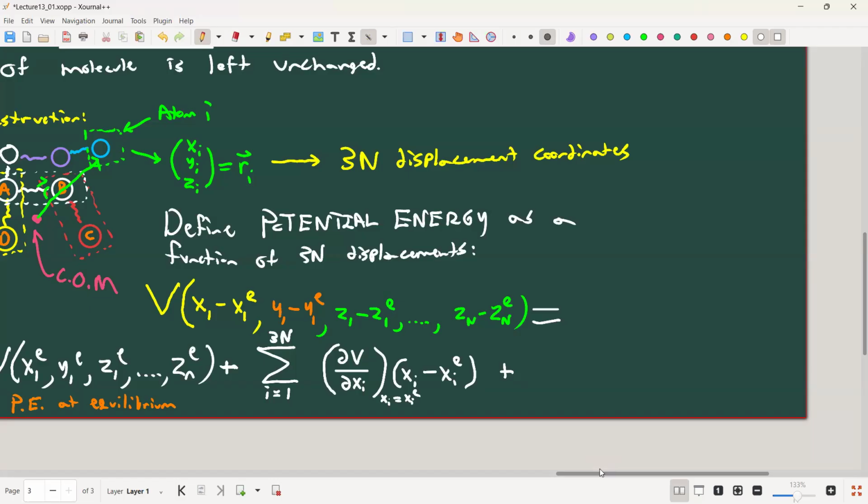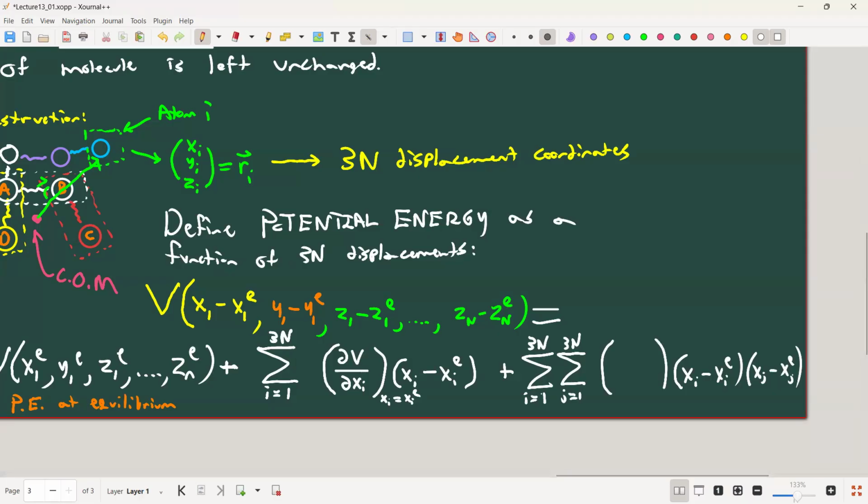So I actually have 2 sums here: i equals 1 to 3n, j equals 1 to 3n. I have to move one coordinate and then multiply that by another coordinate displacing. So I'm going to have x sub i minus x sub i e times x sub j minus x sub j e.